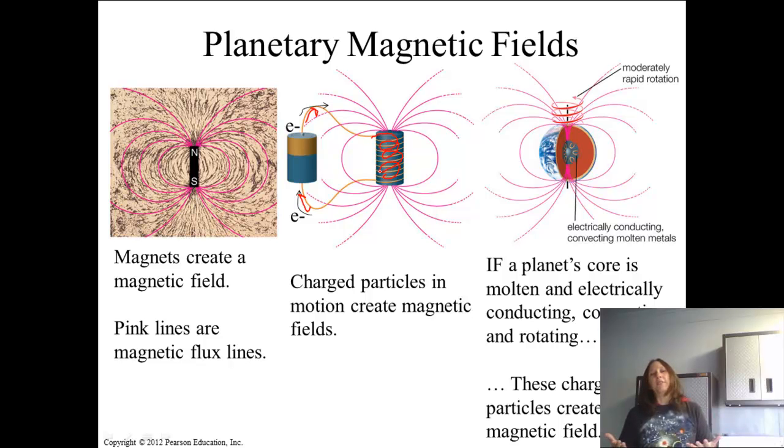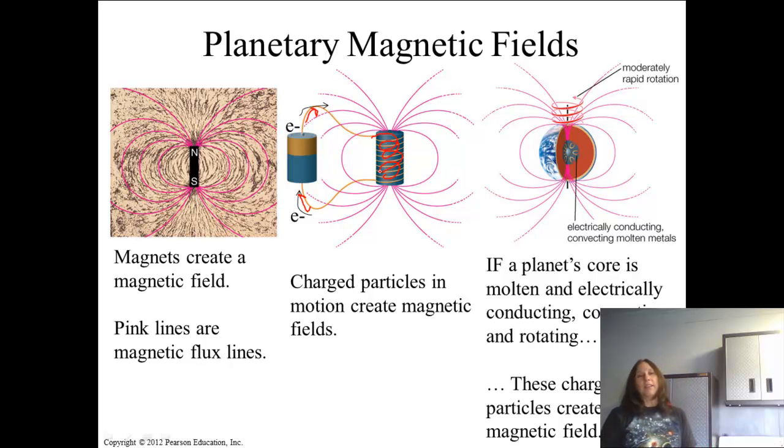So here's the deal. Can you see the pink going out like that? That is our magnetic field. On the next slide, I'm switching from saying magnetic field to magnetosphere. It's the same thing. It's protective, and it's created by the liquid in the Earth's core rotating as the Earth spins, okay?